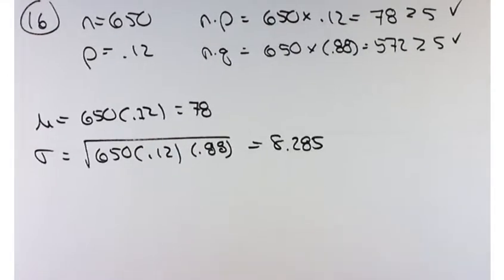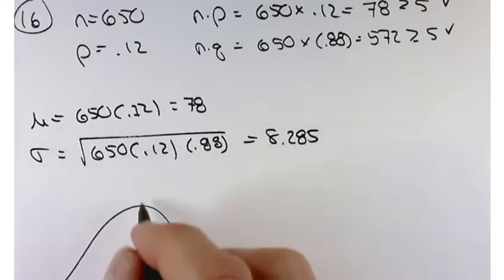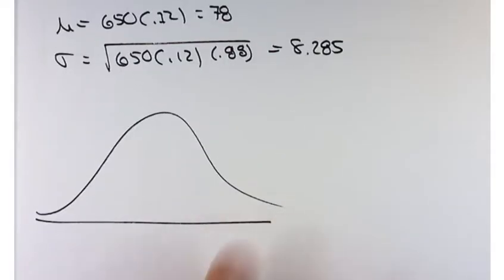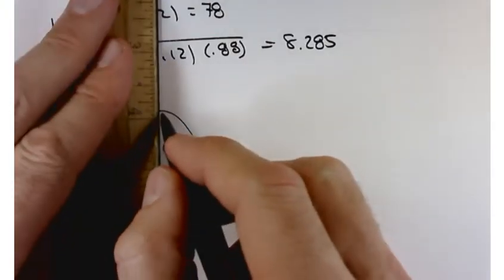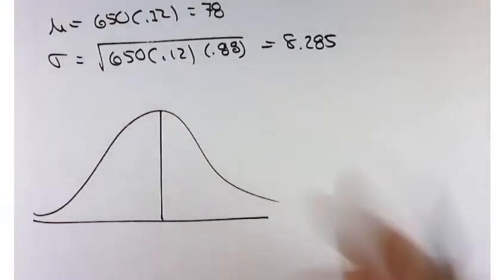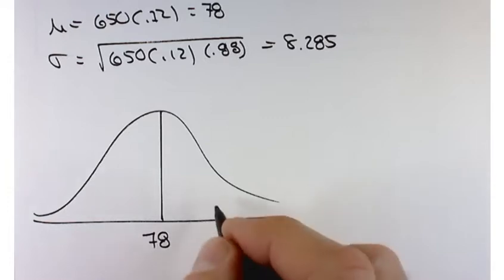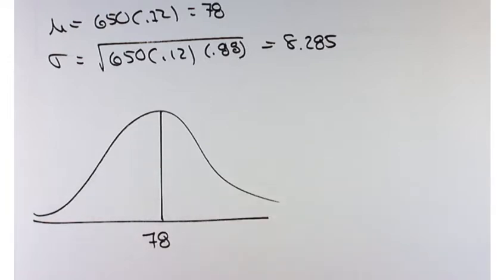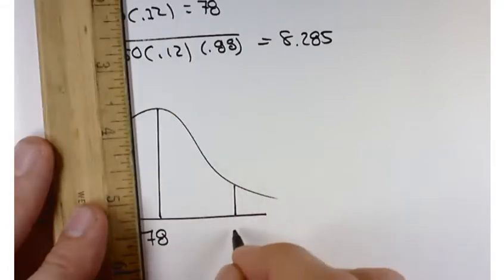Let's draw our curve. What should I label this middle line with? Perfect, 78. Now the problem is asking us to find the probability that x is at least 86.